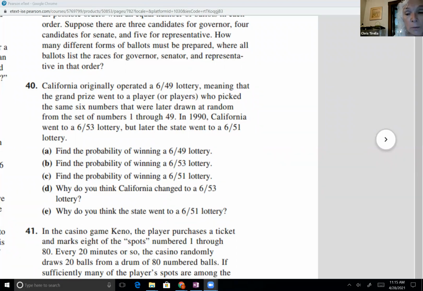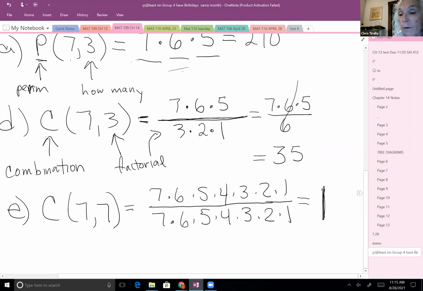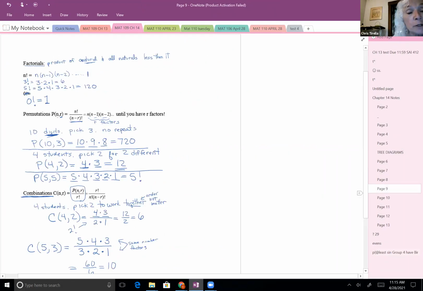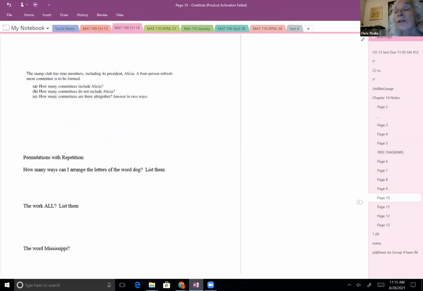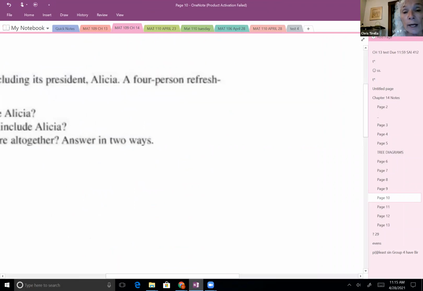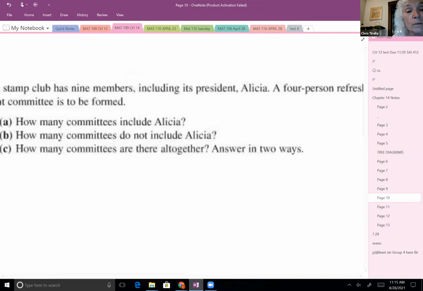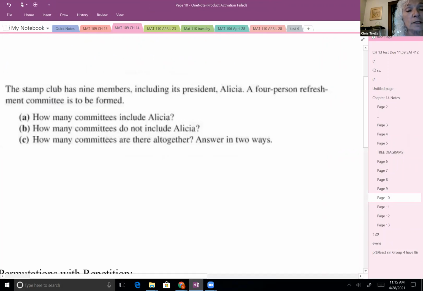Then let's go back to where we left off with those definitions of permutations and combinations. And let's look at that next page, which is somewhat like what we just did, looking at applications. So here it says the Stamp Club has 9 members, including its president, Alicia. A 4-person refreshment committee is to be formed. How many committees include Alicia?